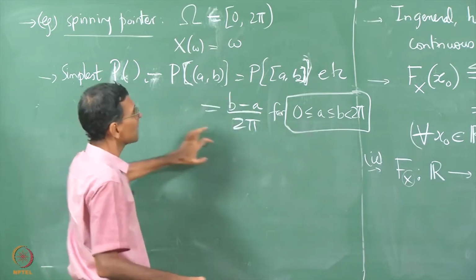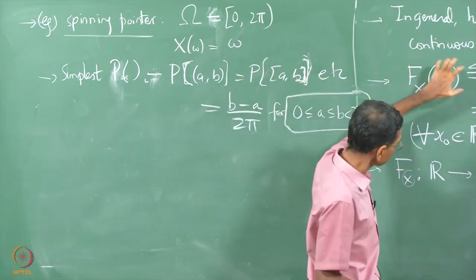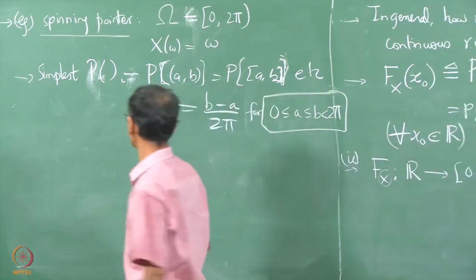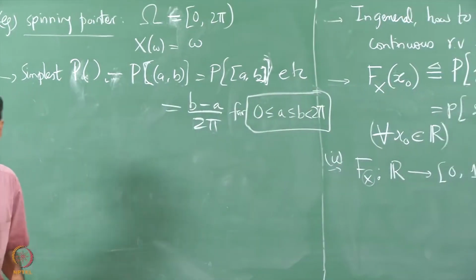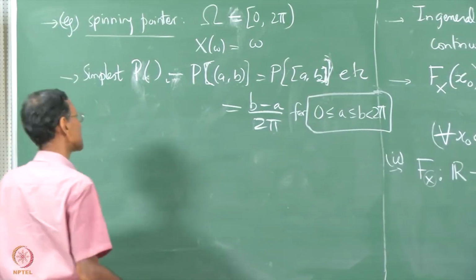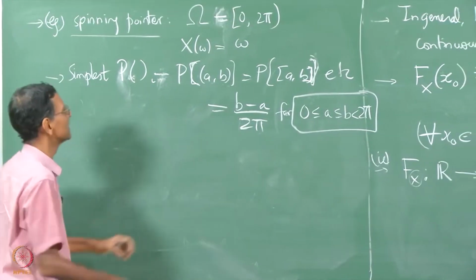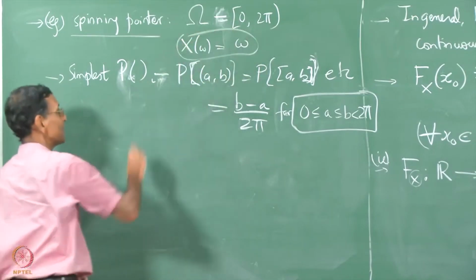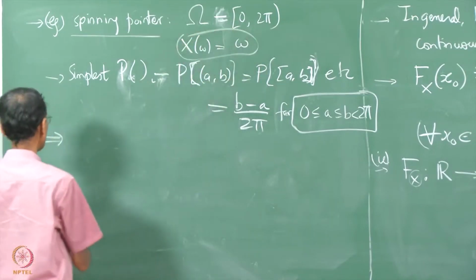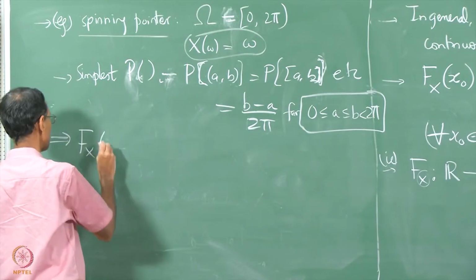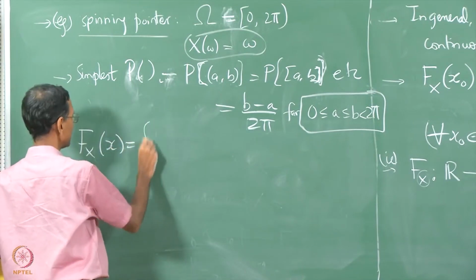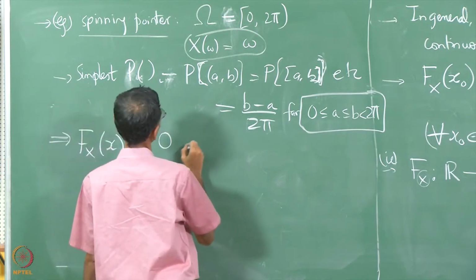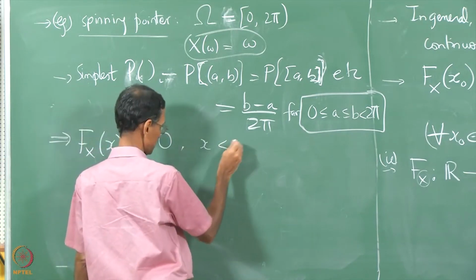But when you talk about the CDF, we have to define the CDF for any real argument, and without getting into too much explanation about this, let me just define the CDF for this particular random variable, the identity random variable. So here it turns out that F_X of x basically can be defined as 0 for x smaller than 0.